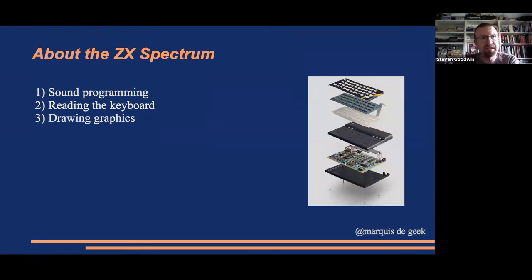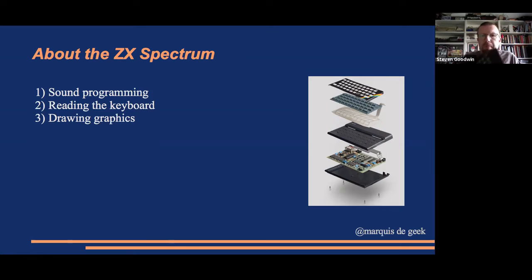So the Spectrum itself, we know, was created by Clive Sinclair and his band over here in Cambridge, and had a Z80 processor inside to do all the nice fun stuff, had color graphics, it had sound, and it had a dead flesh rubbery keyboard, which is still iconic even to this day.